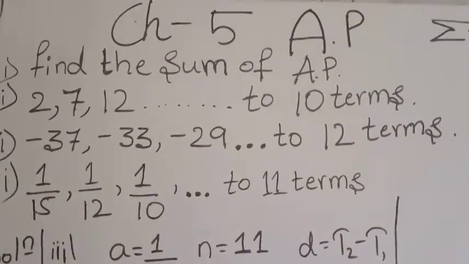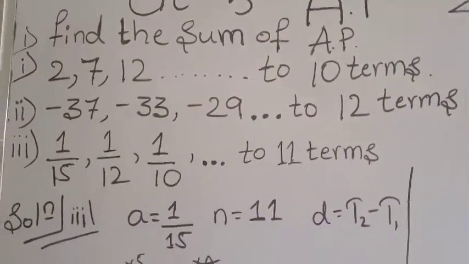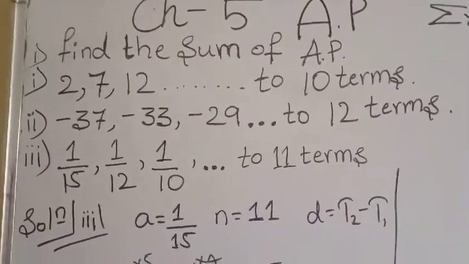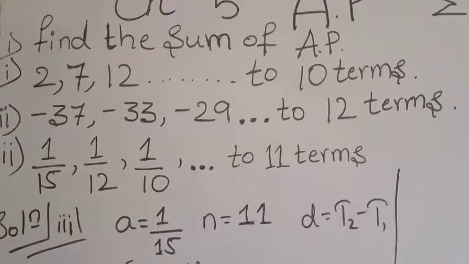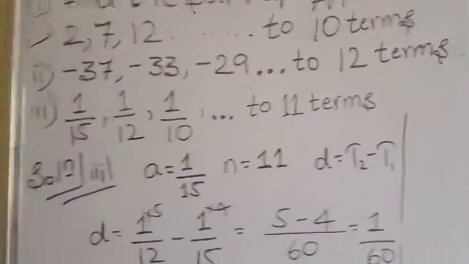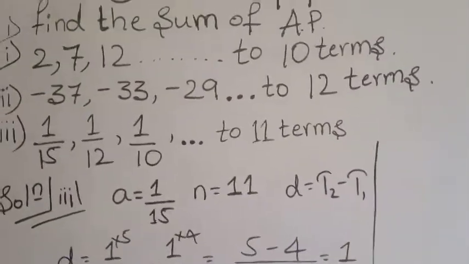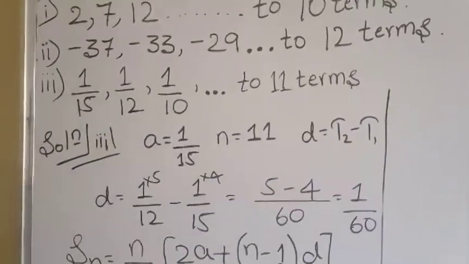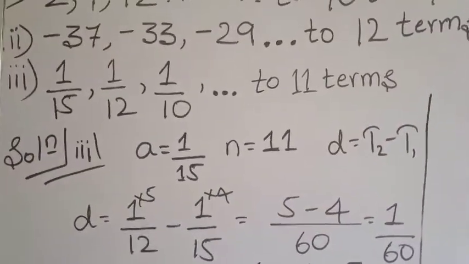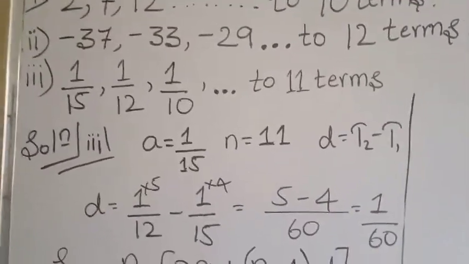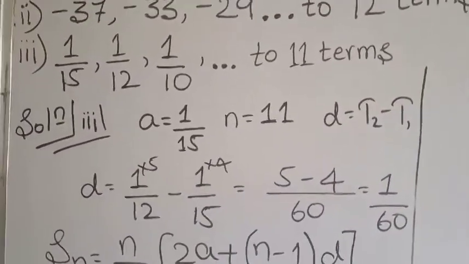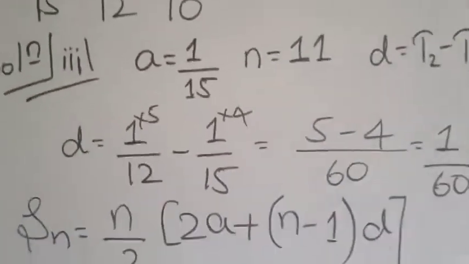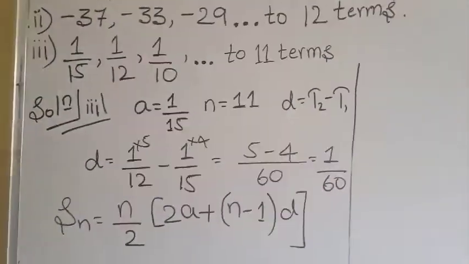I'll solve the third one: 1 by 15, 1 by 12, 1 by 10, and so on up to 11 terms. Here a value is 1 by 15, n is 11, so 11 terms are there. The d value is T2 minus T1, that is 1 by 12 minus 1 by 15.